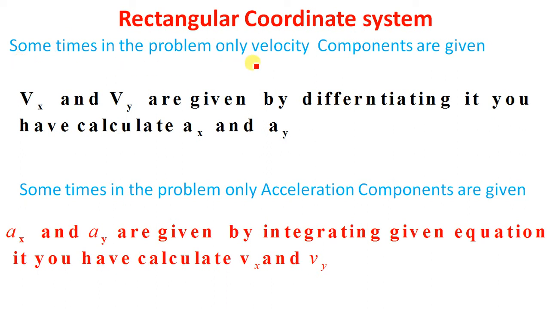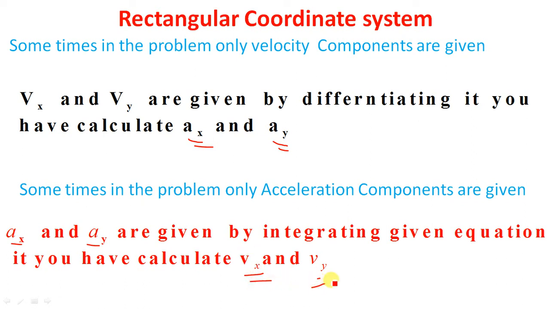Sometimes in a problem only velocity components are given, that is Vx and Vy are given. By differentiating, it will let you calculate the value of Ax and Ay. Sometimes in the problem only acceleration components are given, that is Ax and Ay are given. Integrating that equation will give you the Vx and Vy.